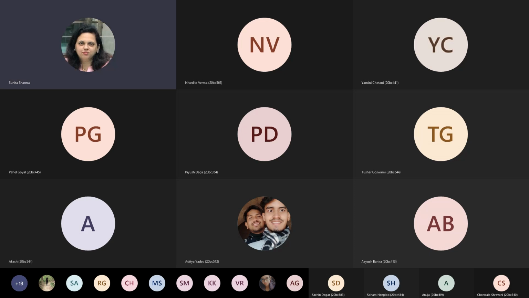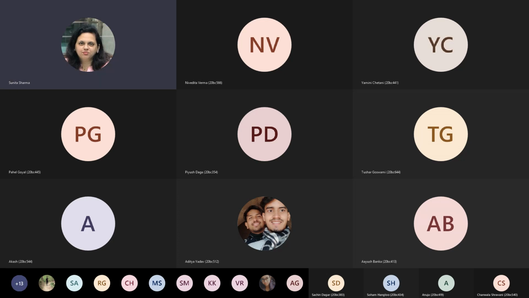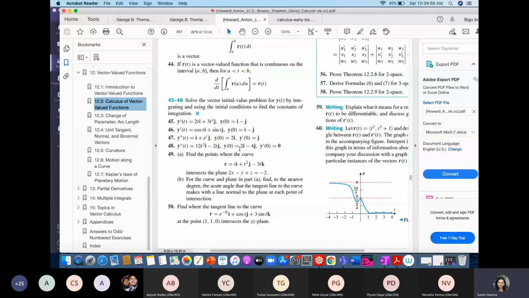These are the type of questions which we haven't discussed, but they are there in the exercise, where you have to find the points where a certain curve is intersecting a plane, or where a tangent line is going to intersect some other plane. So a curve intersecting a plane or a line intersecting a plane, how to find the value or the point where it is intersecting.